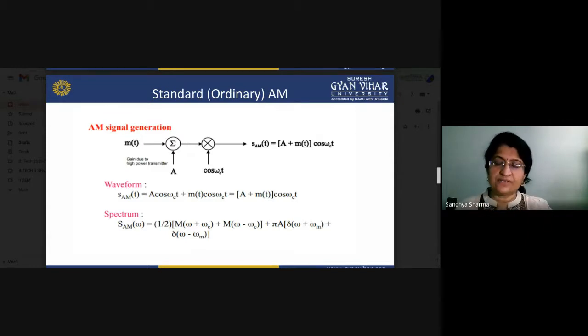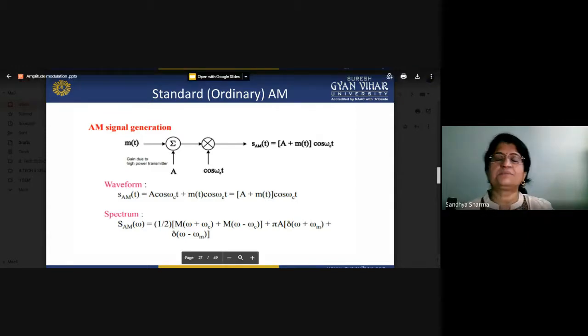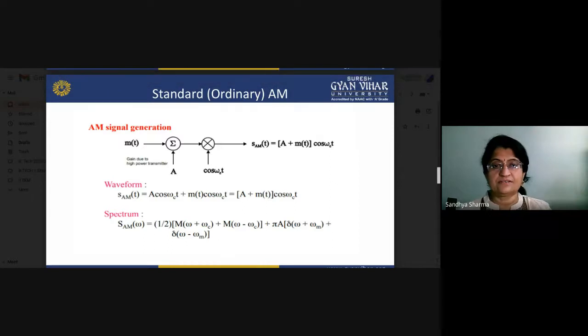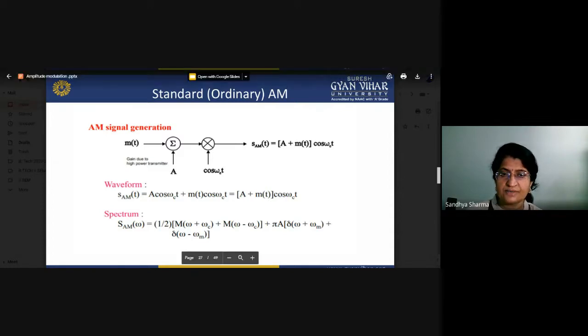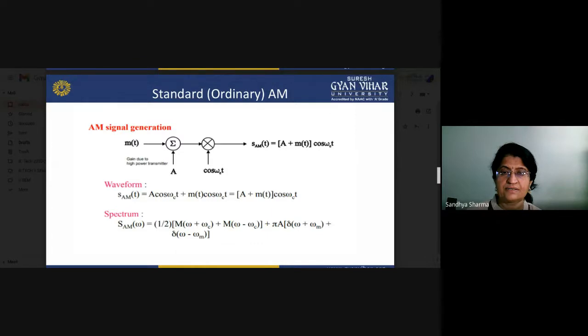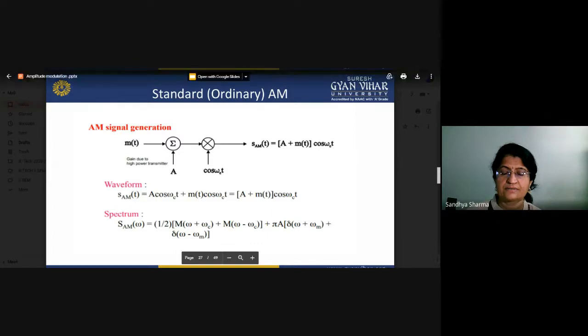So with the carrier system, you also have to transmit the A cos omega ct signal. This is the method. Instead of suppressing the carrier, we will use the carrier in our communication system. So you can see A cos omega ct plus m(t) cos omega ct. That is the final equation.